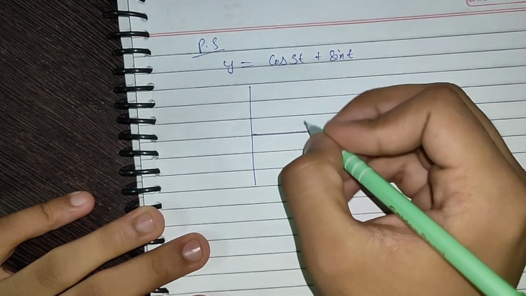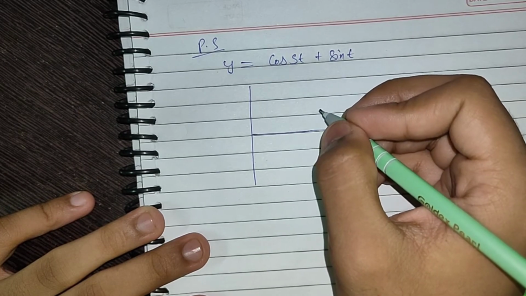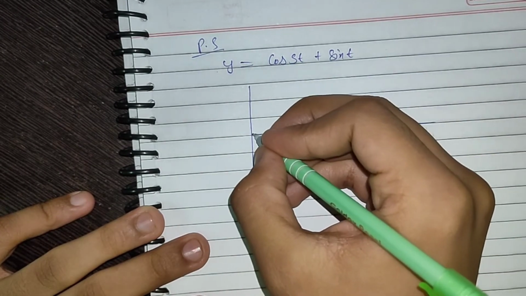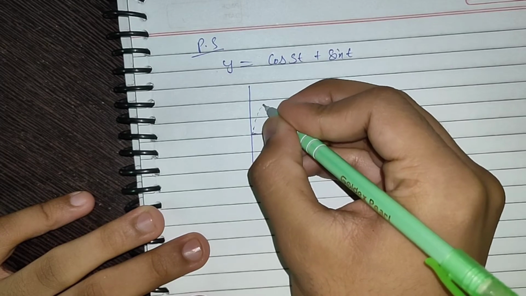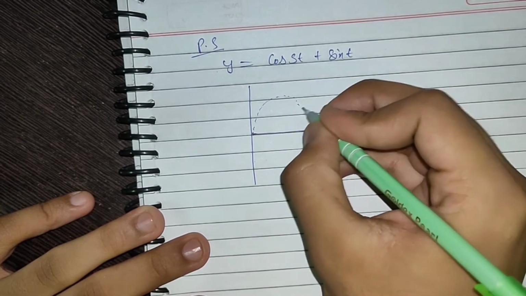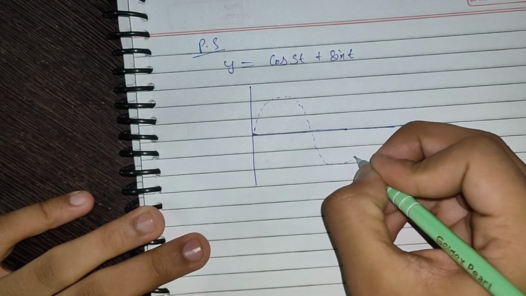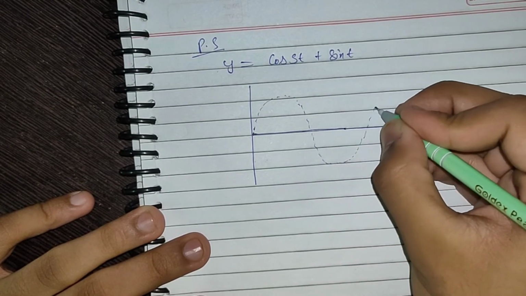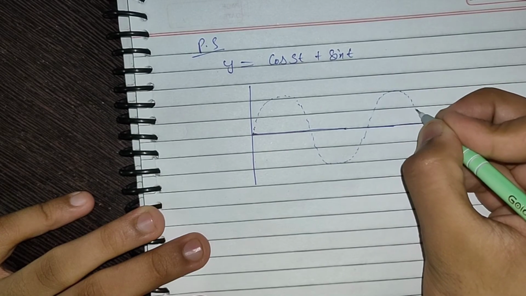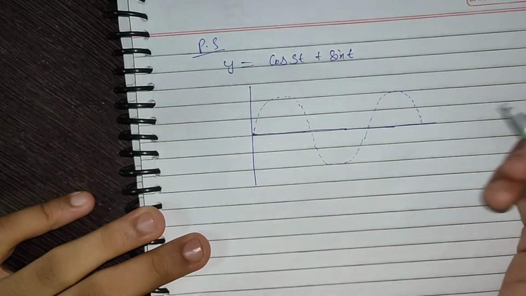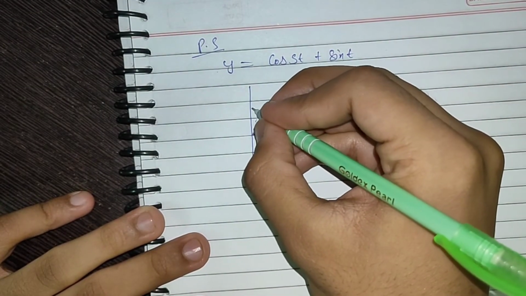So in one sine cycle there will be 5 cos cycles. So let's draw sine for reference. Just for reference I am drawing the sine curve. Now I am drawing the cos curve.